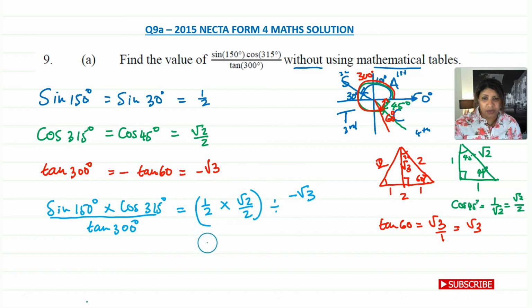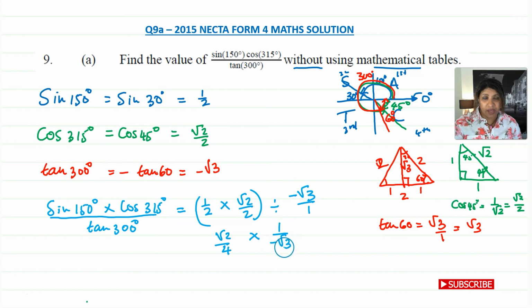These two will give you root 2 over 4. Then, because we are dividing by a number, that's the same as dividing by 1, we flip the fraction on the right, so that's 1 over negative root 3.